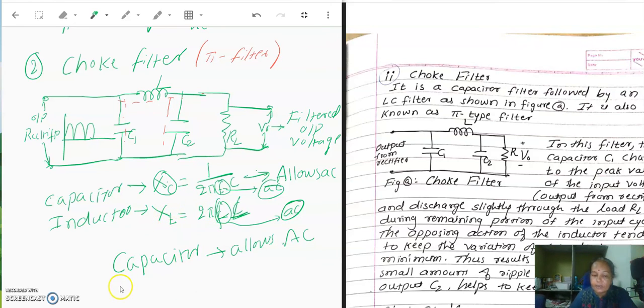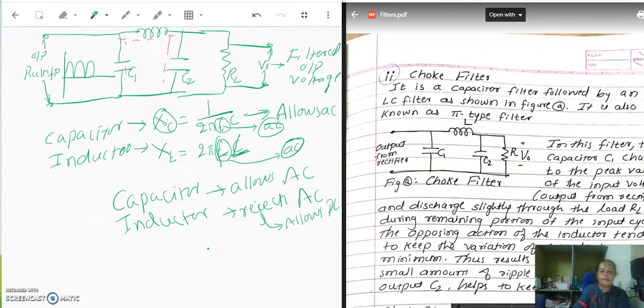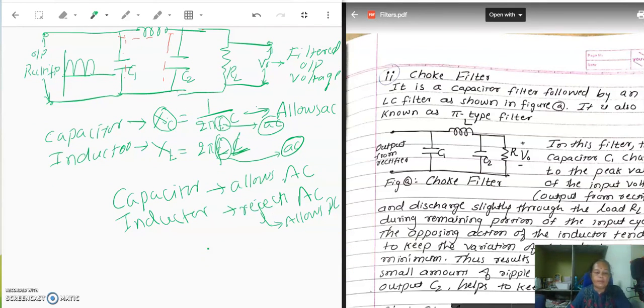Opposition is increasing. So, inductor rejects AC. Rejects AC means allows DC. So, remembering this parameter, we are going to apply the concept here.